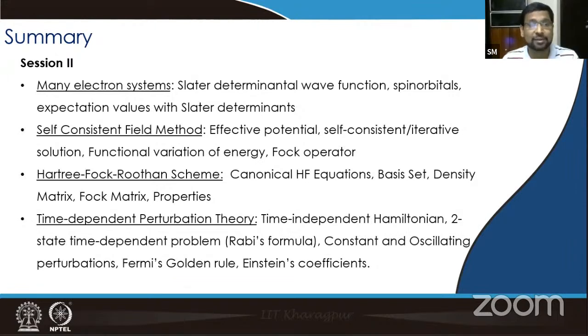we introduced the self-consistent field method, yet another approximate method to solve many electron problems, because we discussed again and again that when we have more than one electron, the electron-electron correlation makes it very difficult for us to solve this problem exactly by quantum mechanics.